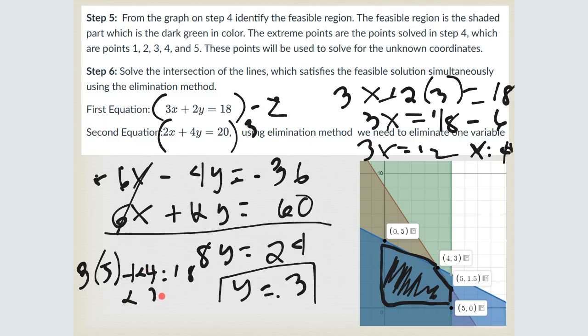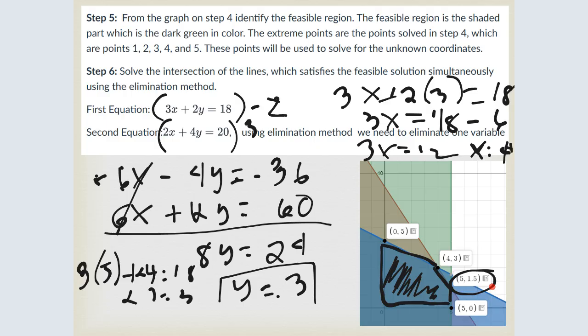So 2y is equal to 18 minus 15, because 3 times 5 is 15, and that gives us 3. Now solving for y, that will give us 3 halves or 1.5. That's why the other one is (5, 1.5). So that is the intersection. And then the last one is another corner point, which is (5, 0).